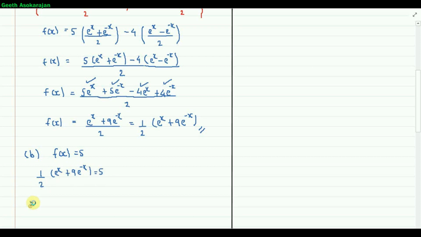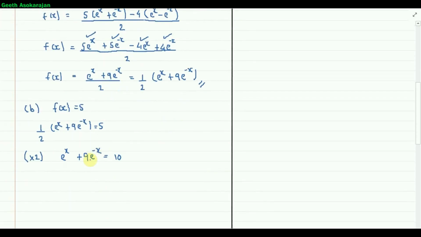Let me multiply both sides by 2. If I multiply both sides by 2, I'll get e to the x plus 9e to the minus x, and that is equal to 2 into 5 being 10. And I don't like negative powers, so I don't like this e to the minus x. Let me get rid of that negative powered term by multiplying throughout by e to the plus x.